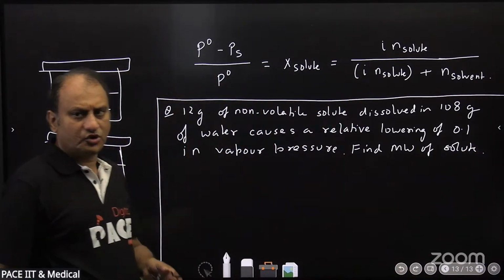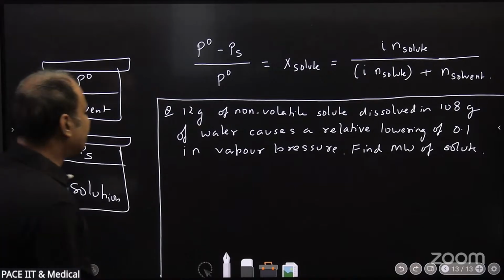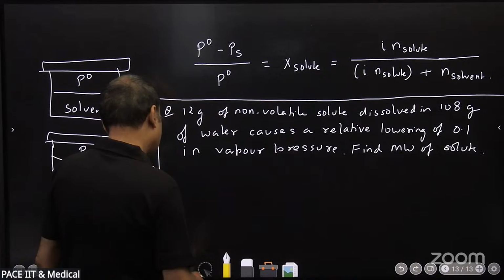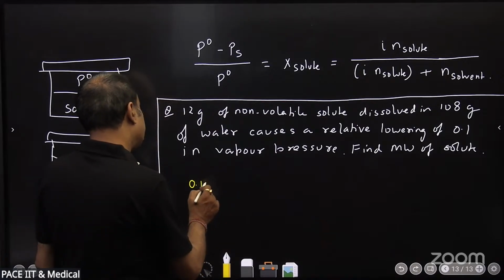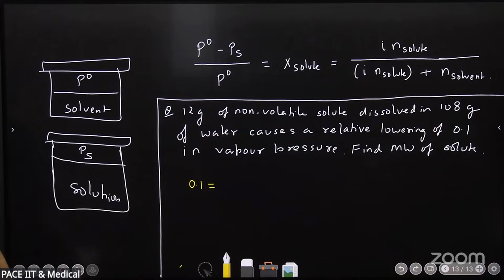So this is a lowering of vapor pressure problem. How will we approach this problem? Your relative lowering is directly given to us as 0.1, and this should be equal to the mole fraction of solute.